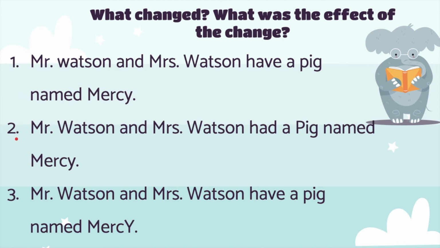Mr. Watson and Mrs. Watson had a pig named Mercy. So I'm noticing that the verb have has been changed to had. This actually changes the whole sentence because it's telling us that the Watsons don't have the pig anymore. It's in the past and it's past tense.